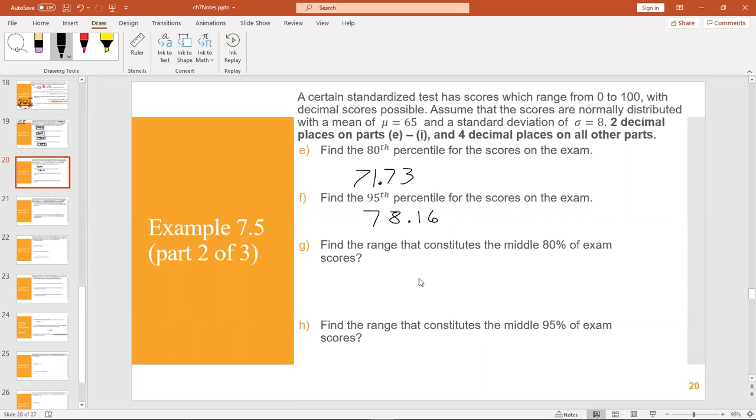Find the range of scores in the middle 80%. All right, so let's think about what the middle 80% looks like. This part is 80, which means this together with this makes up the other 20.